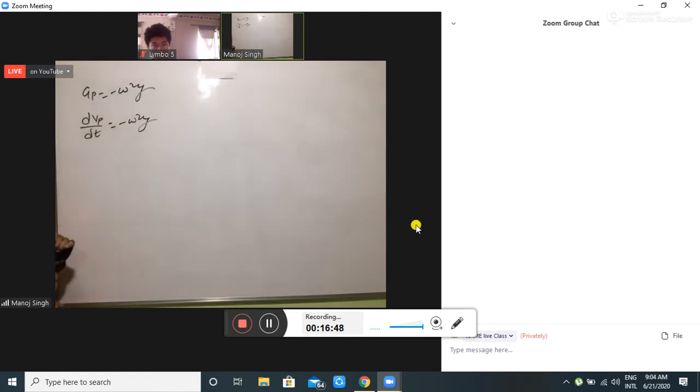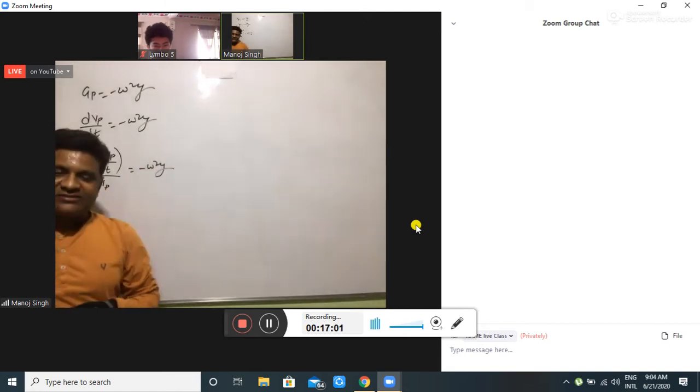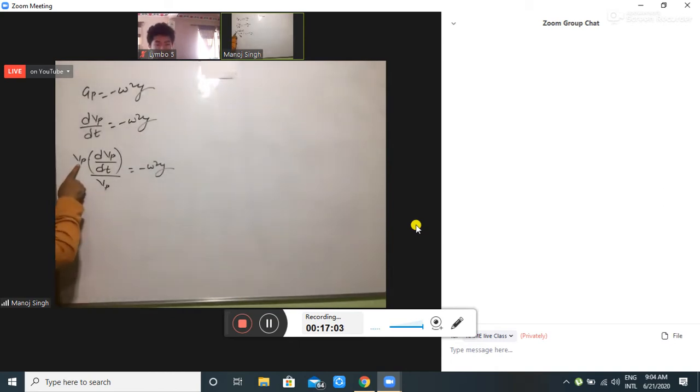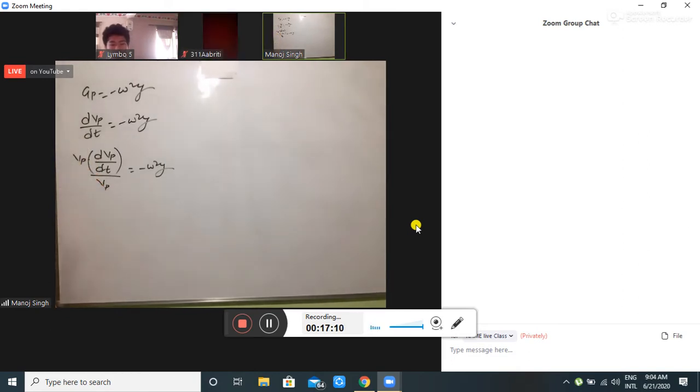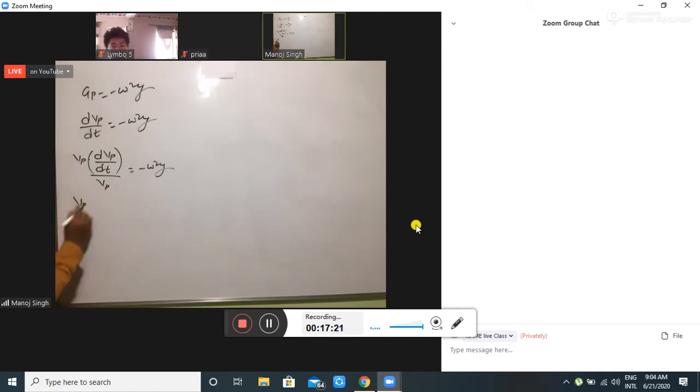Multiplying and dividing by the velocity of the particle: velocity of the particle into dvp by dt, divided by the velocity of the particle, is equal to minus omega square into y. Don't be confused here. The relation will be the same as previous, since we are just multiplying and dividing by the velocity of the particle.